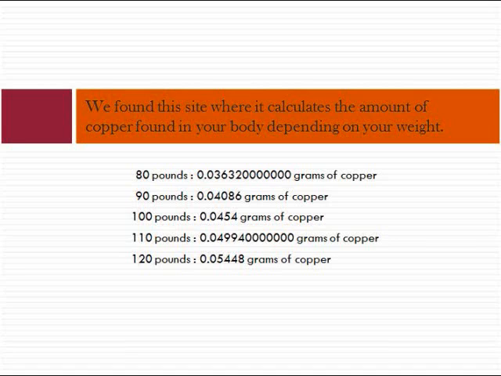For 100 pounds, you might have 0.0454 grams of copper. For 110 pounds, you may have 0.04994 grams of copper. And for 120 pounds, you might have 0.054448 grams of copper.